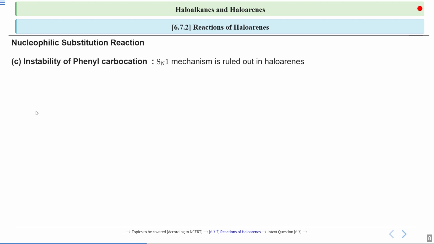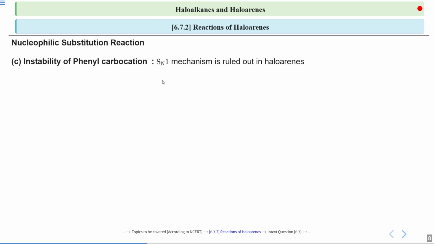The third major reason is instability of the phenyl carbocation. So, what will happen? The SN1 mechanism is ruled out in the haloarenes. Remember, SN1 is substitution nucleophilic unimolecular, so this is a first order reaction.